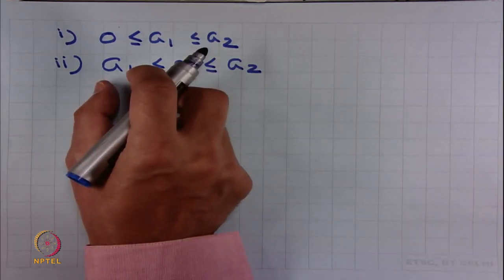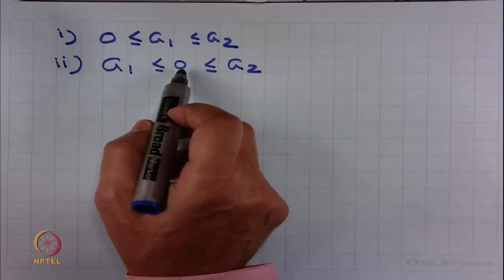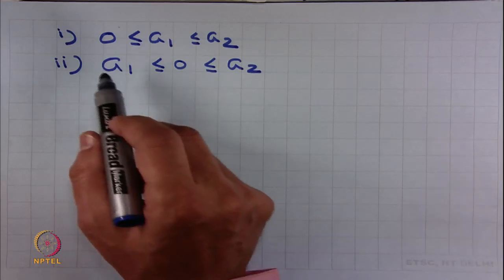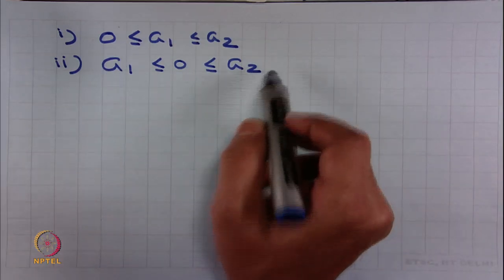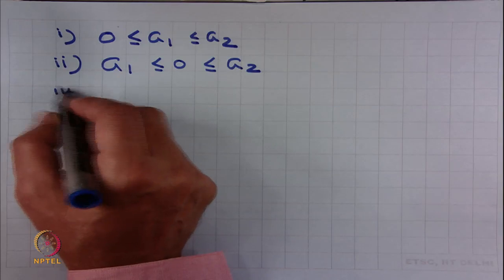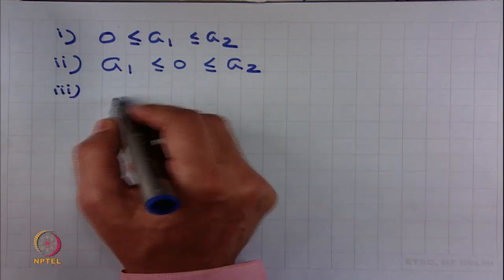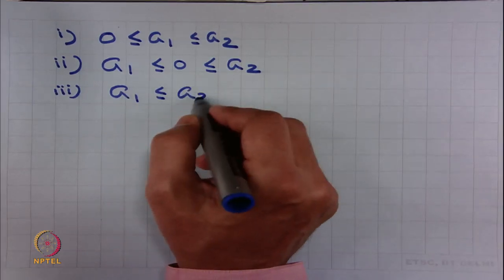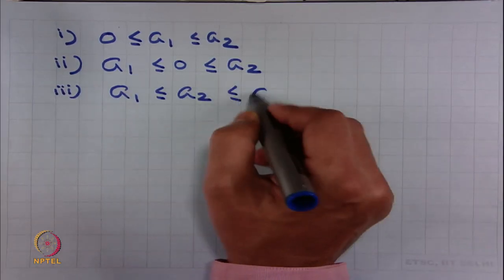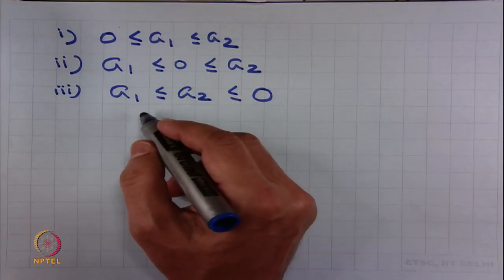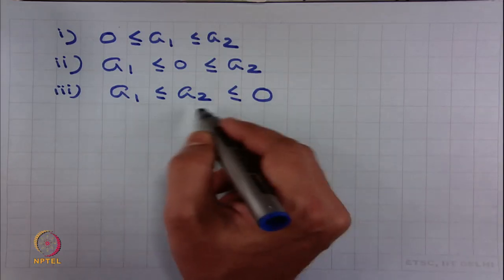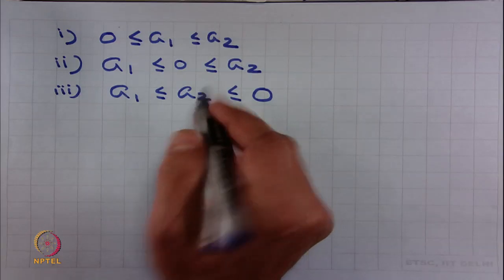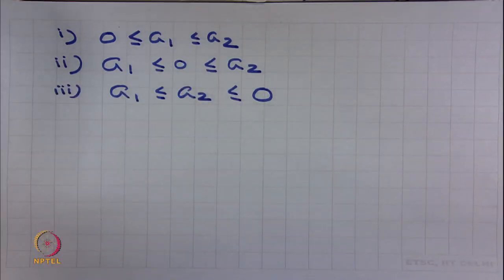That means we are considering intervals from the negative side of the real line to the positive side of the real line. And the third option is that A1 less than or equal to A2 less than or equal to 0. That means both A1 and A2 are negative. That means the entire interval is on the negative side of the real line.